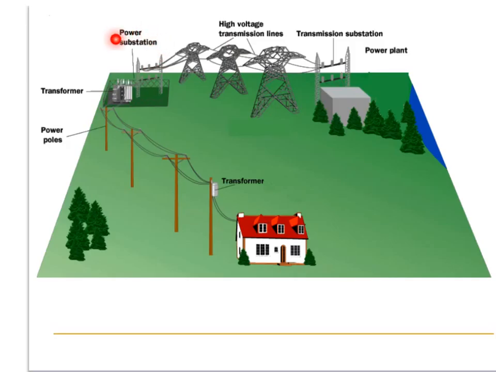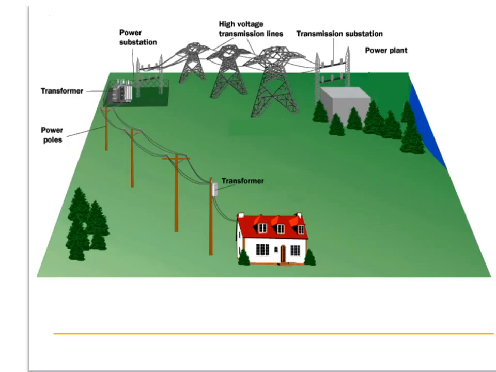And then we also have a power substation and a transformer. The line here carries a very large amount of electricity. If you notice, each of these power poles has a wire connected to the ground. It serves as a ground.